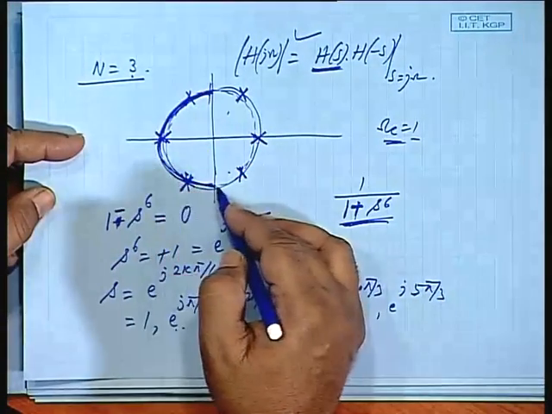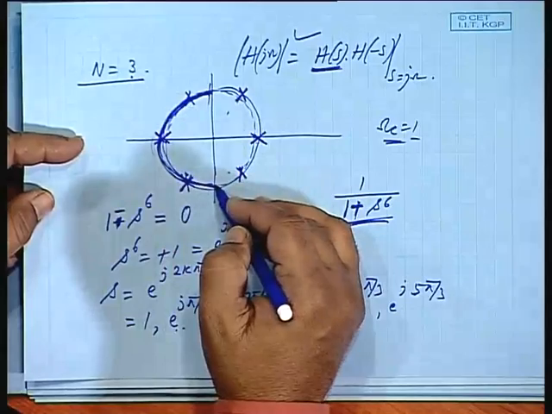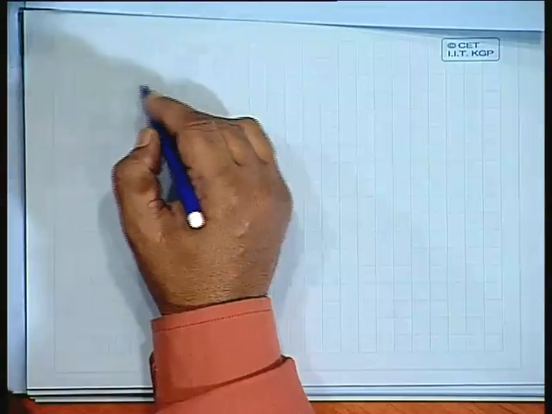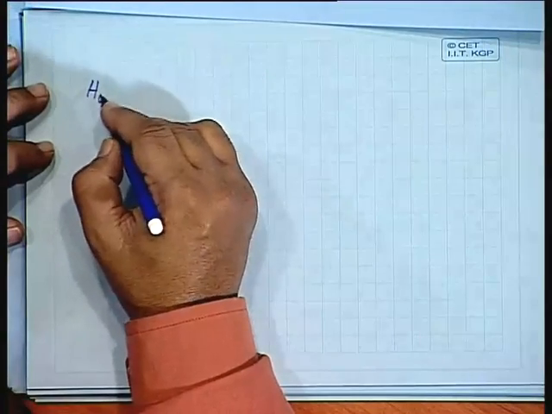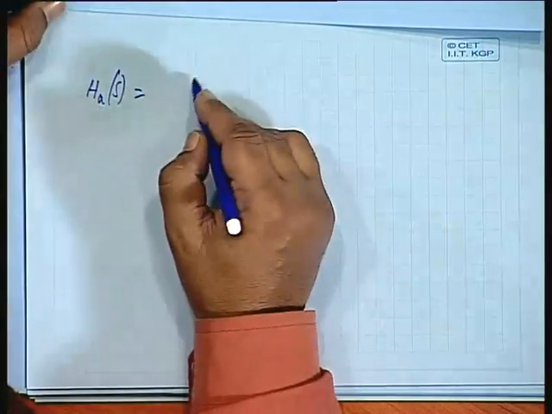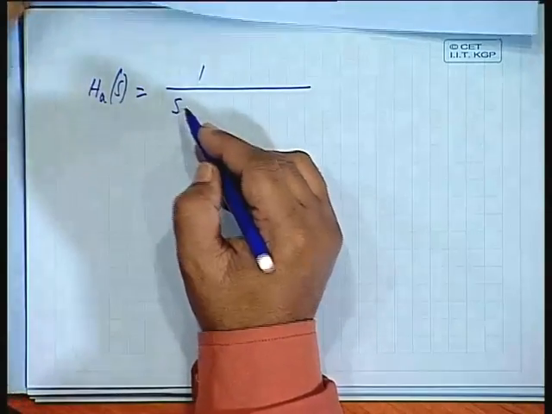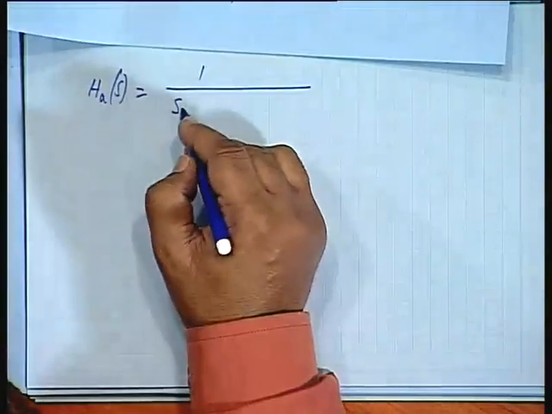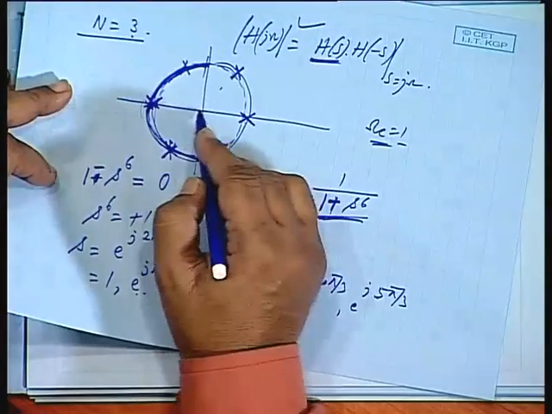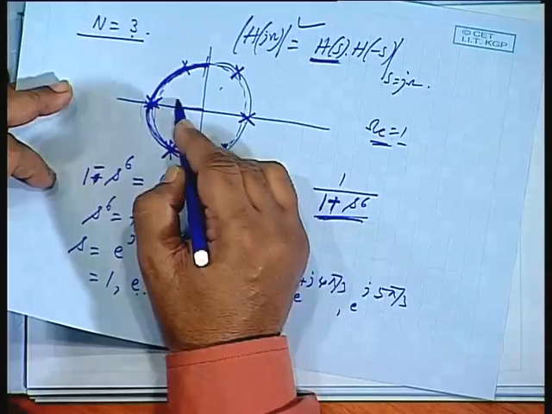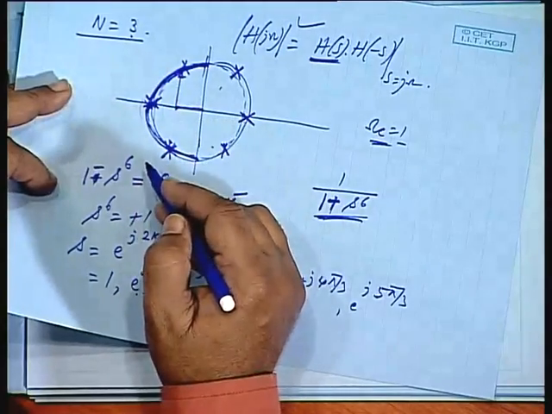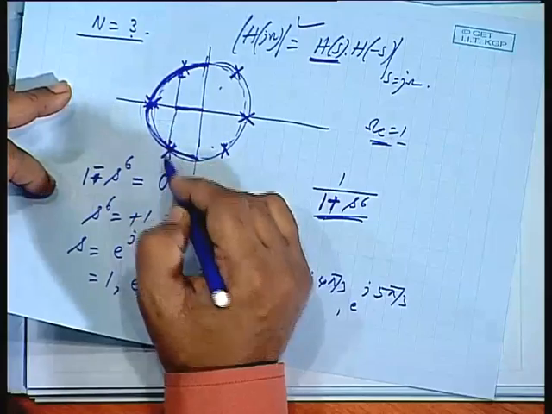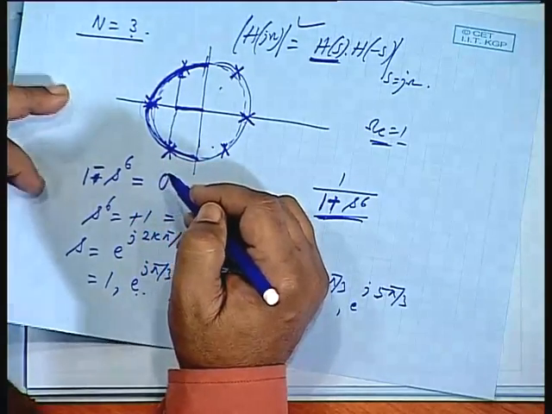So, you make a substitution now after you have got hold of this. What is the function corresponding to this set of roots? One is s minus (minus 1). So, the polynomial will be, I will write H analog, 1 by (s minus p1), which is at minus 1. So, the corresponding factor will be s plus 1. This is minus 0.5 plus j 0.866, root 3 by 2. Similarly, minus 0.5 minus j 0.866.